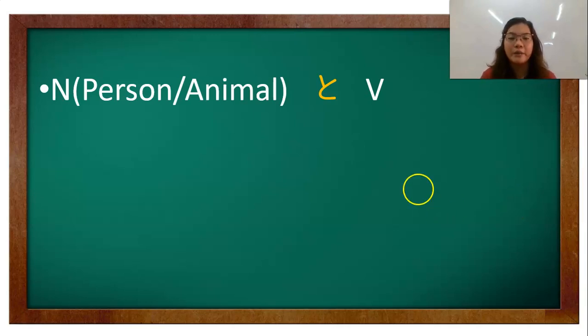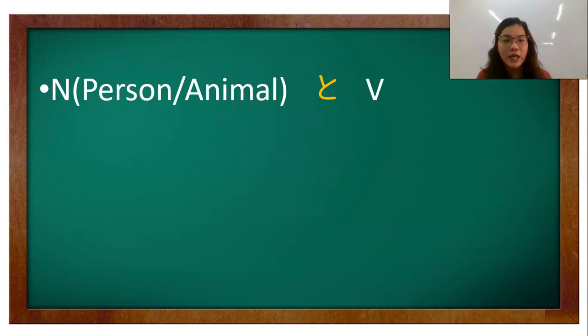Here's our next pattern. Noun, person or animal, to, verb. Our noun here is either a person or an animal, and then to, and then verb. In lesson 4, we already know that to means and.